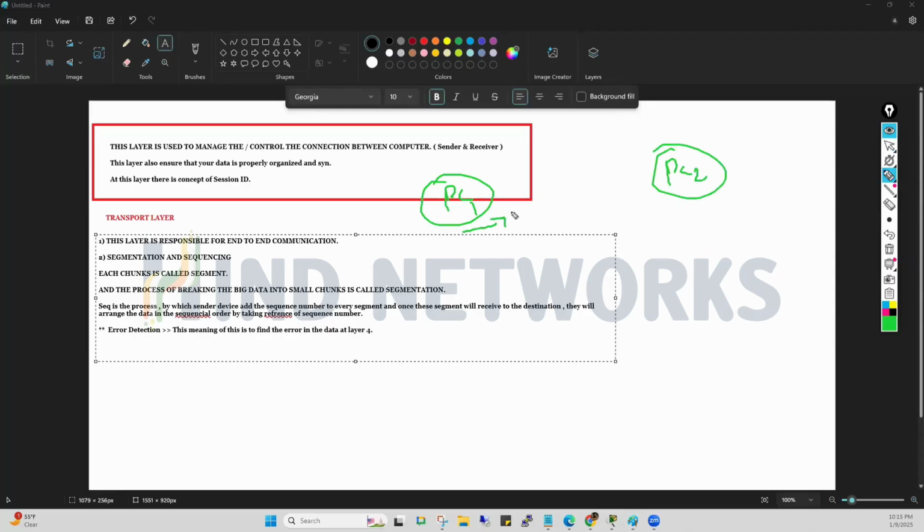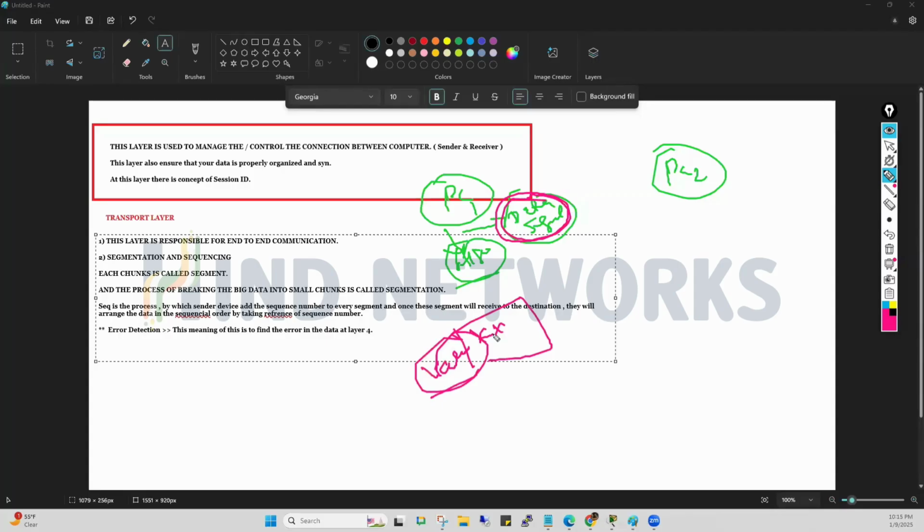When PC number 1 is trying to send any data or any segment, PC number 1 will run one algorithm on this data. And after running that algorithm, PC number 1 will calculate one random value. Getting my point, everyone?